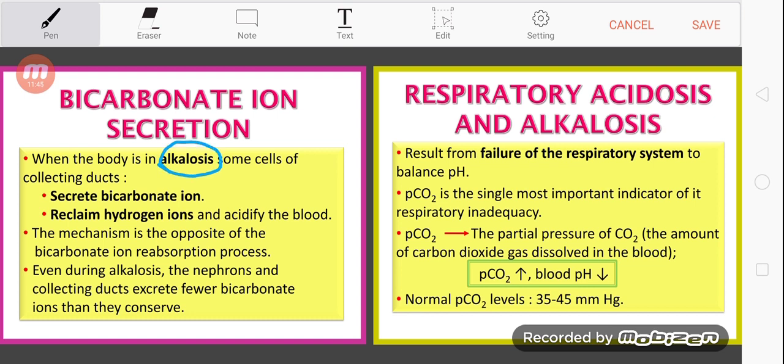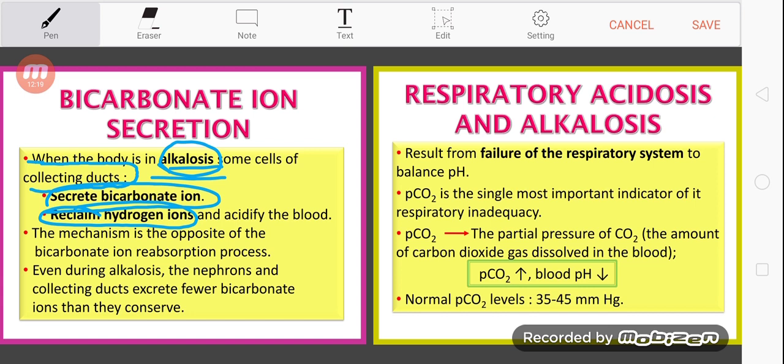the alkalosis condition. Okay, when the body is in alkalosis, some cells of the region that will work to maintain back the acid-base balance in alkalosis condition is the collecting duct. So what happens in the collecting duct? It will execute the opposite mechanism. It will secrete out the bicarbonate ion, and it will reclaim the hydrogen ion.